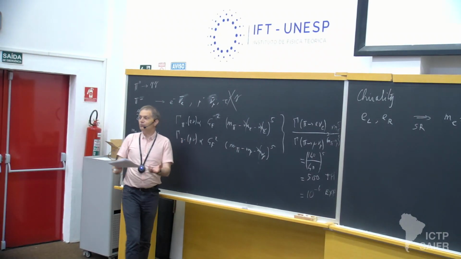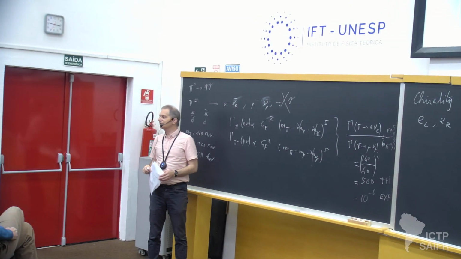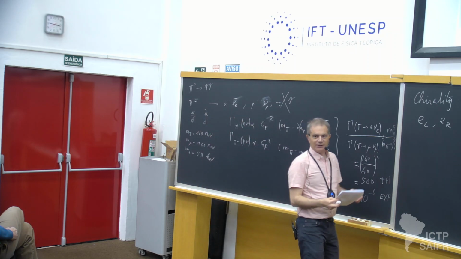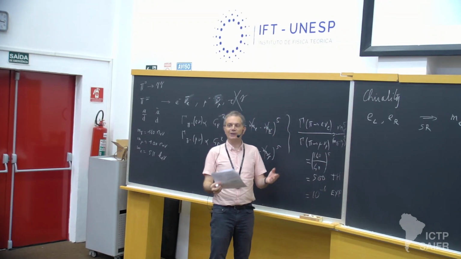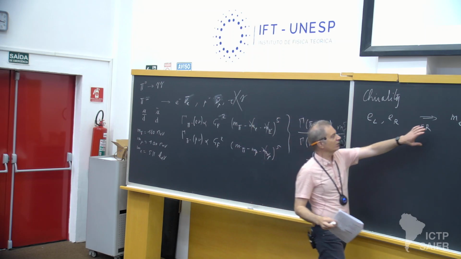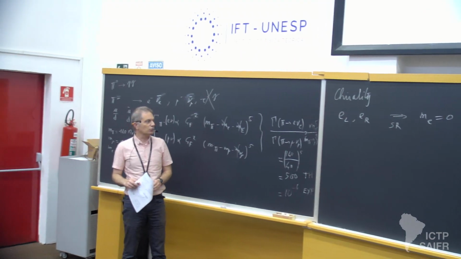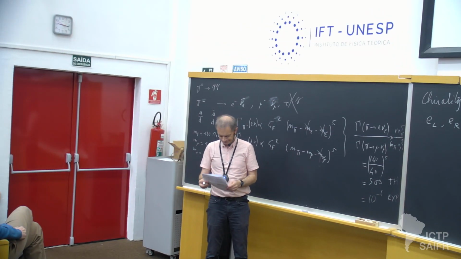Of course, you all know that the mass of the electron is not 0, right? So you need to add one extra piece of information to make things consistent, to give a mass to the electron and still have two different behaviors for the left-handed and the right-handed electron.